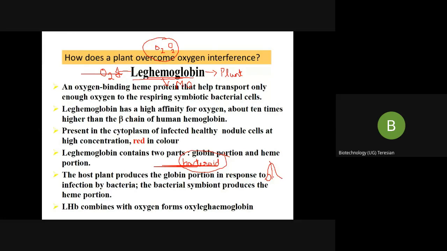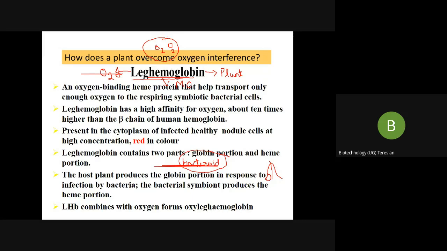How it creates the anaerobic environment is by formation of the leghemoglobin, which is part and parcel of both your plant and your microorganisms. So these are small bacteria which are multiplying in your root. These are aerobic. They require oxygen for survival. So from where do they get the oxygen? It is through this leghemoglobin.